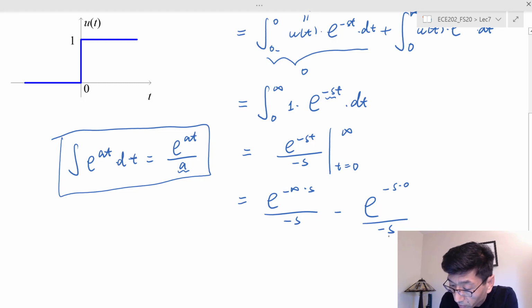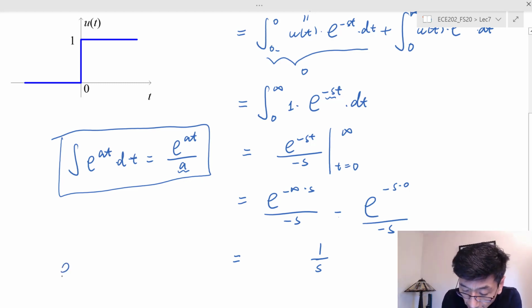So I have 1 over negative s, and with the negative sign, that's 1 over s, the second term. And the first term is 0, since e^(-infinity times s) is going to be equal to 0 if the real part of s, which is sigma, is positive, right?